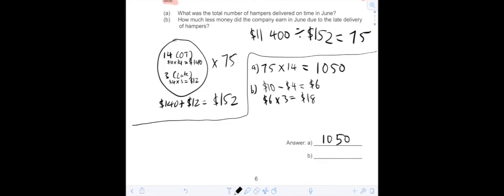Total is $18. This is only in one set. So if you want to calculate the total, don't forget to multiply by the number of sets. You have to take 75 times the $18. You will get $1,350. So this is just the amount of money that they lost for delivering late.